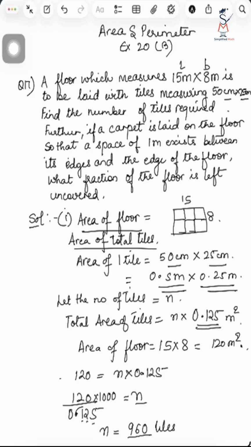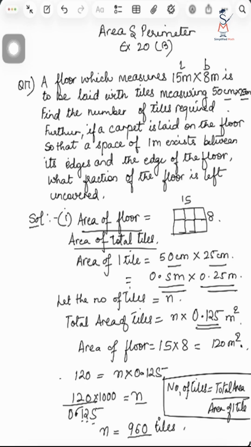So what is the number of tiles required? 960. Now directly what some people do, number of tiles is equal to total area to be covered by area of one tile. This is the reason why we do so. You can directly put the formula and do it.